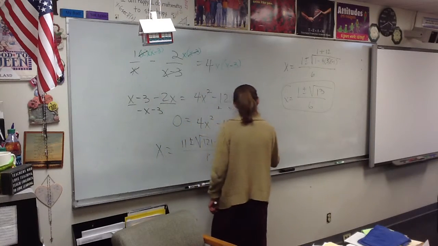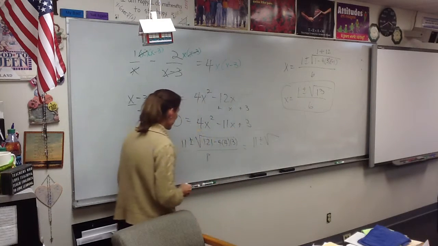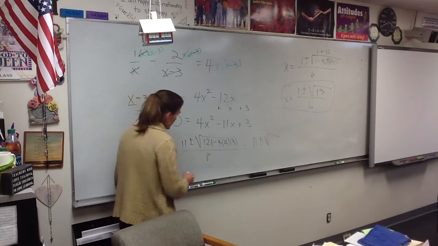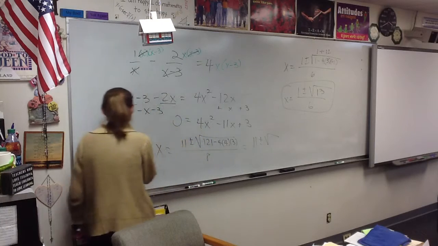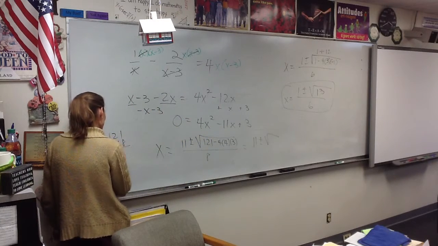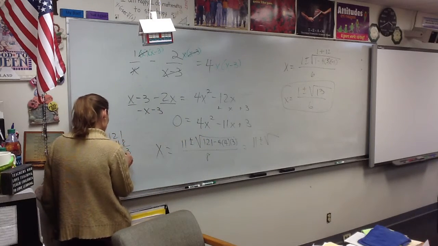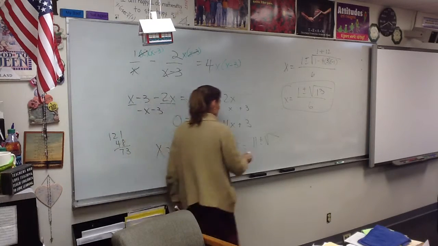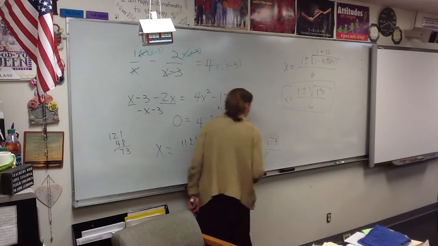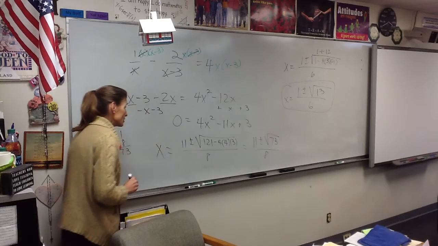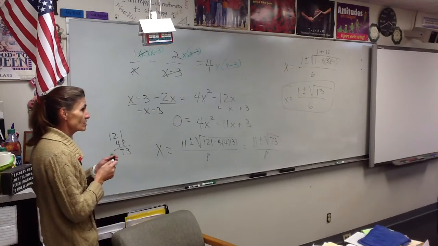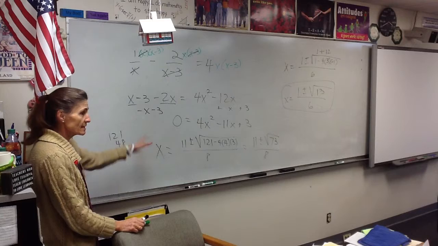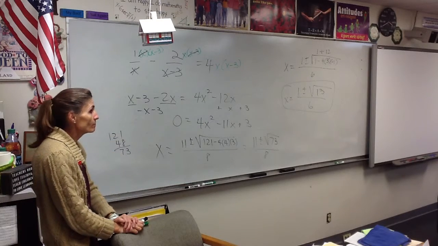So we get another one of these crazy looking answers, Savannah. 48, 121 minus 48, what's that? 73. So if my arithmetic is right, Savannah, that's what we ended up with. Does that take care of whatever question you had about it? Yes.